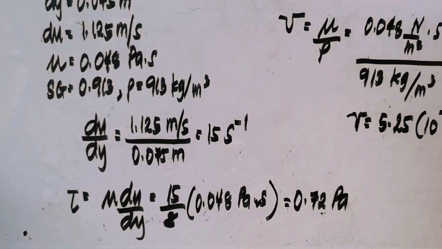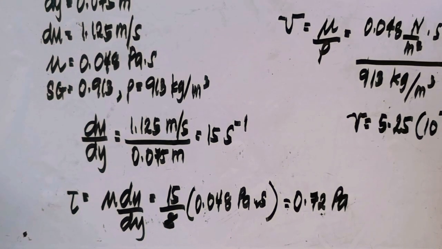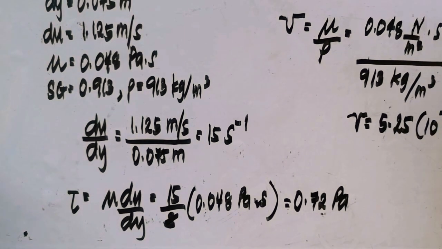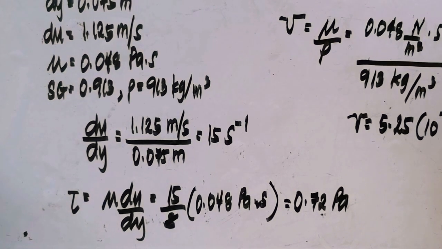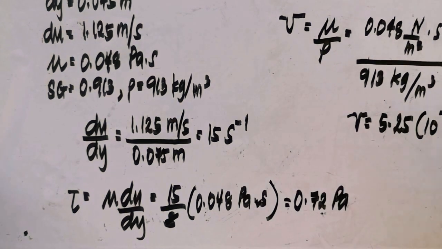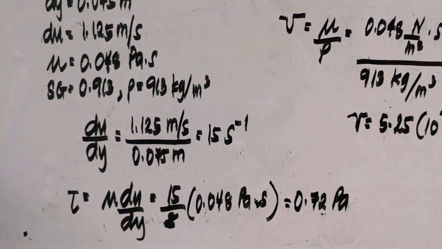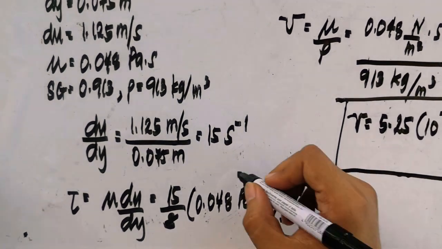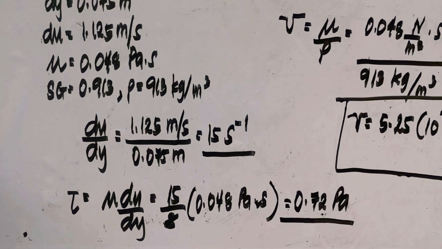One second will cancel here, the kilogram, and one meter. Then, we will have 2 meters left in the denominator of the denominator, so we raise them up. So, meter squared per second. So, this is the kinematic viscosity. This is the shear stress and this is the velocity gradient.